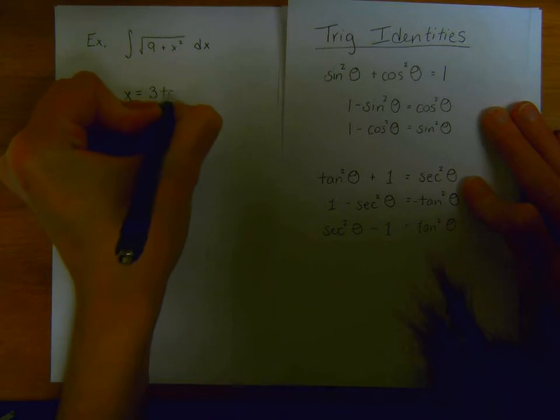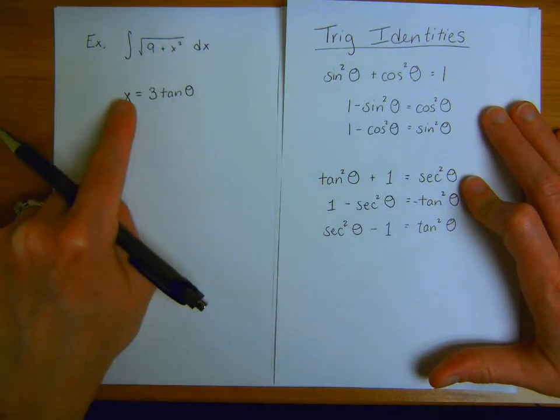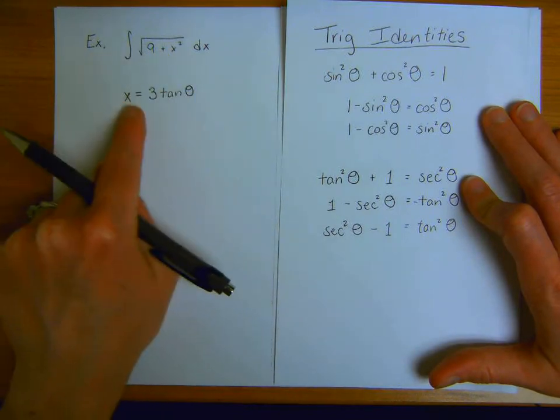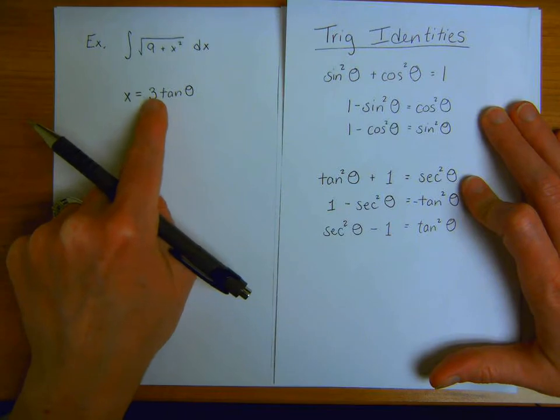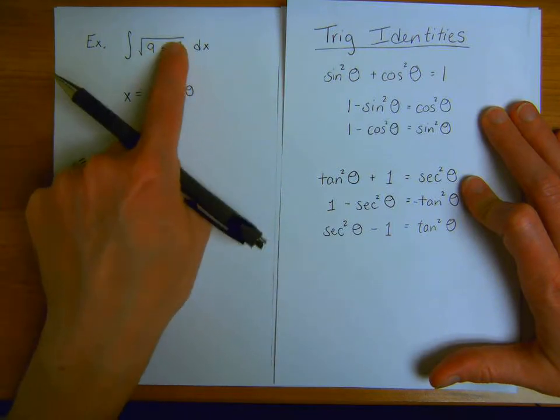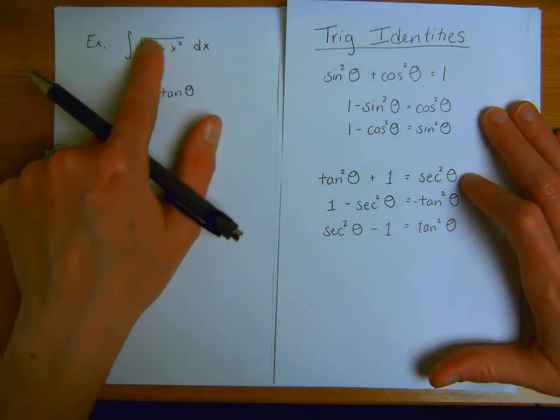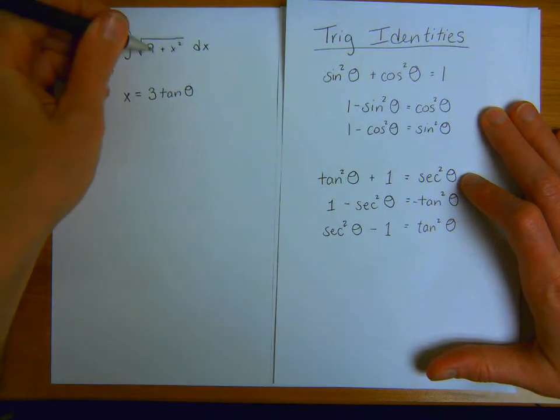3 tangent theta. And the reason why I'm choosing 3 and not 9 is because I'm setting x equal to this. When I square x, I'll get 3 squared, which is 9, times tangent squared, and I'll be able to factor out the 9, so I want the 3 to match the 9. So really it's the square root of that a in front.